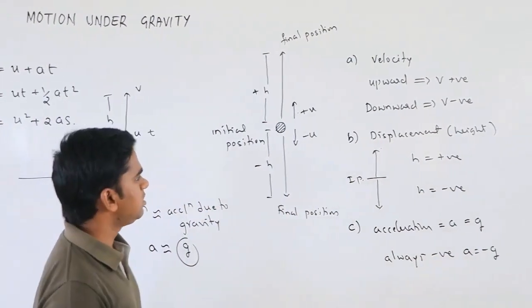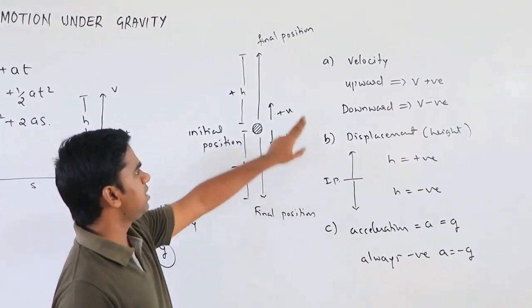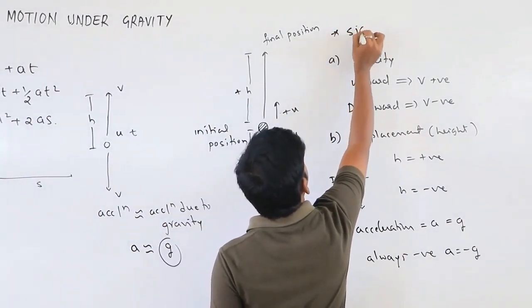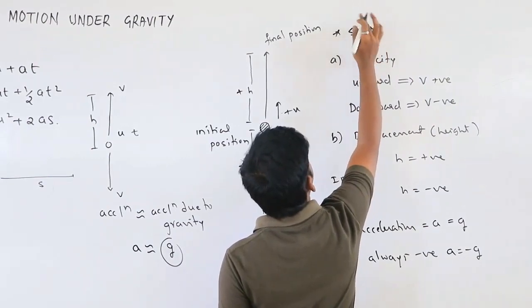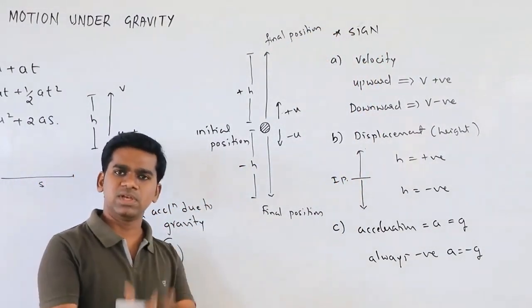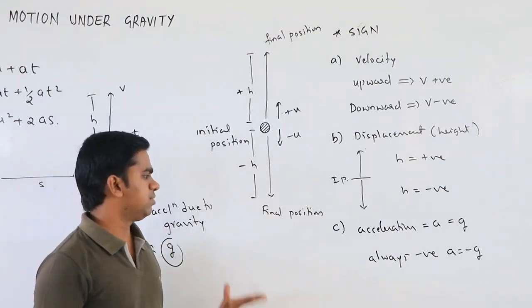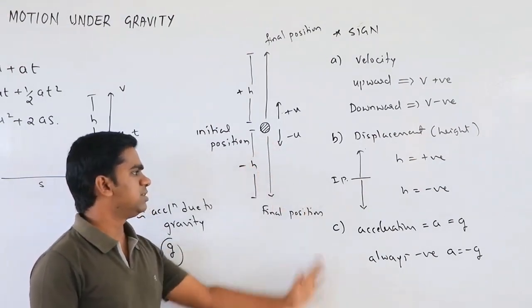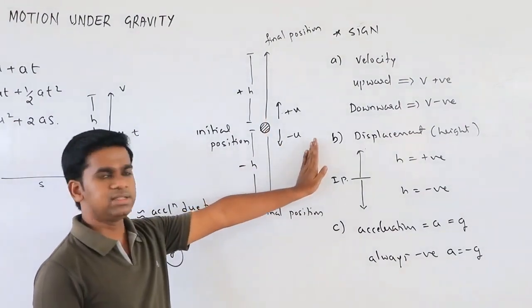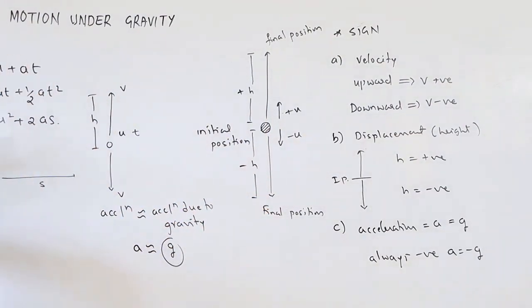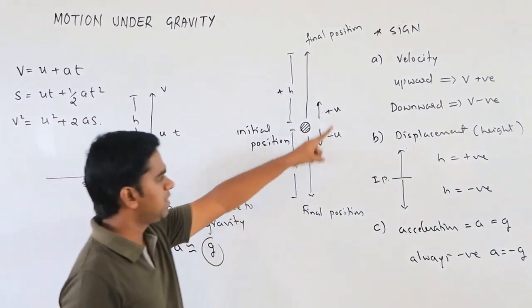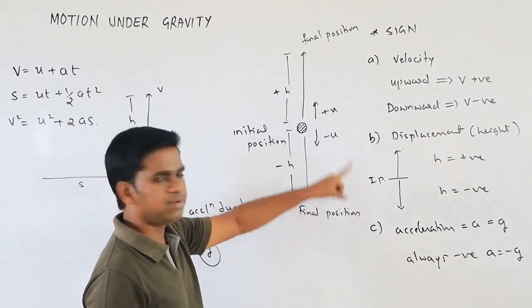Based on these three very important sign conventions, we can solve. Or without sign conventions also we can solve, I will tell you that method. But before that, we will go as usual. So these are the sign conventions we have to remember. By taking these into consideration, we have to write the equations according to the sign conventions given here.